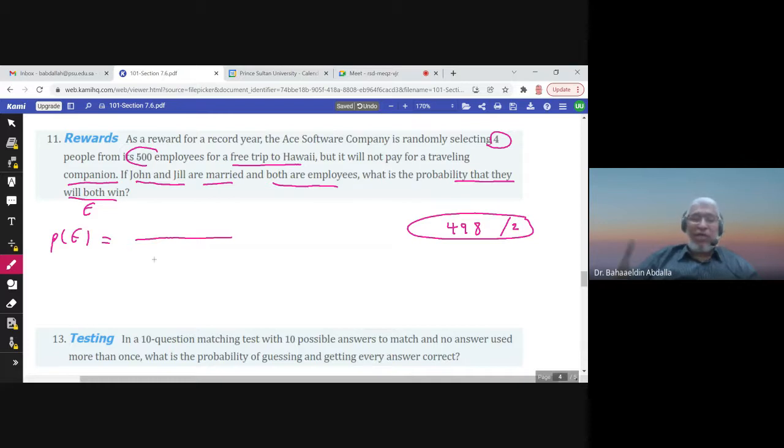And I need to select 4 out of 500. But I need to select Jill and John. So from 498 employees, I need to select only 2. And I need to select John and Jill. So this will give you the probability that they will both win.